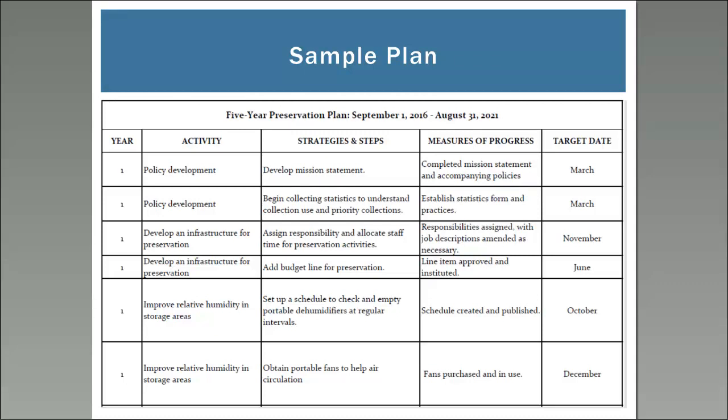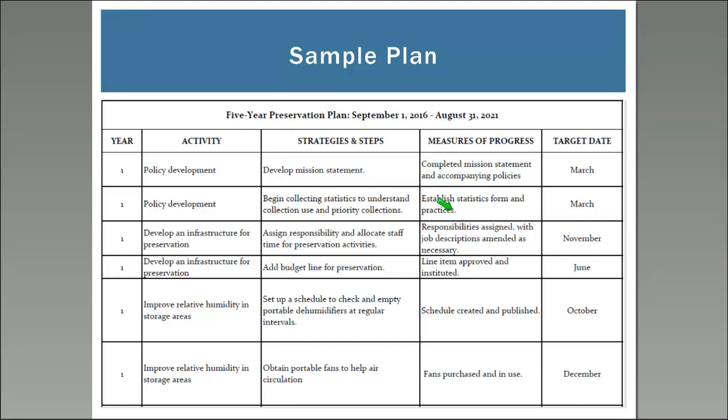This is just an example of a way that you could structure a plan. It doesn't have to be exactly like this, but I do like this one because we have areas of activities. So the area here is policy development. There are strategies and steps for increasing the activity in that category.